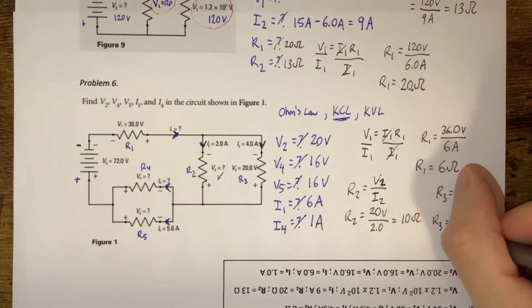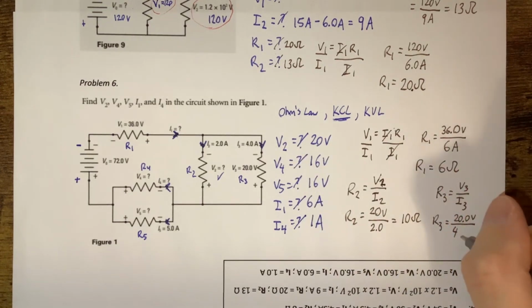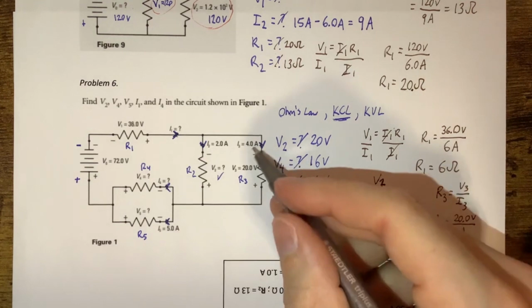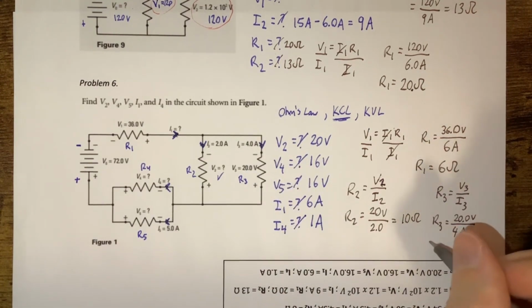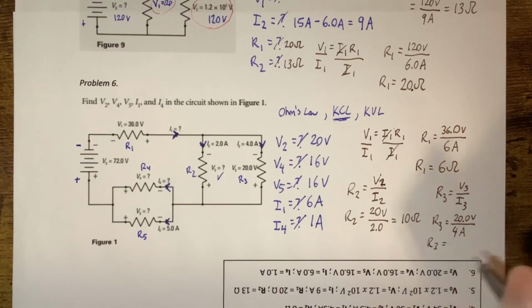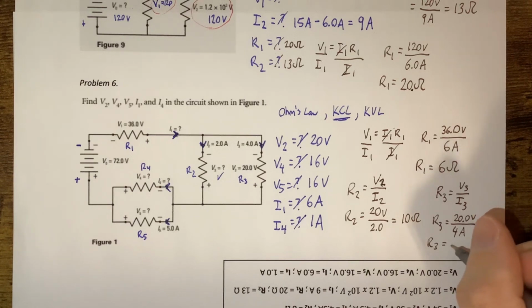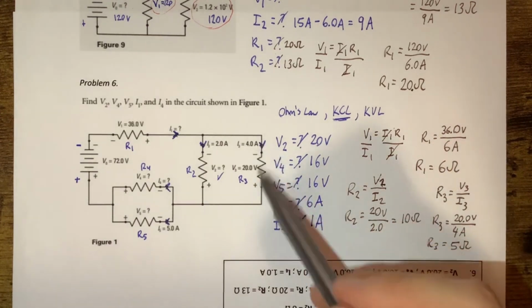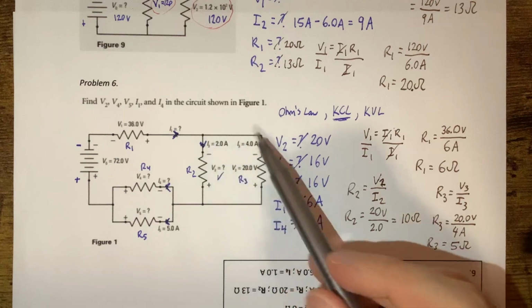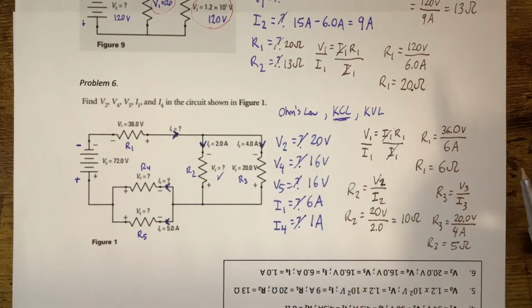We got 4 here, so we got our 4 amps, or 4.0, whatever you want to do there. So we're looking at 20 divided by 4. That's going to give us our 5 ohms. And it checks out. It seems like there's less resistance down here, so that's why the majority of our current is going down this way. All right, so that totally checks out there.